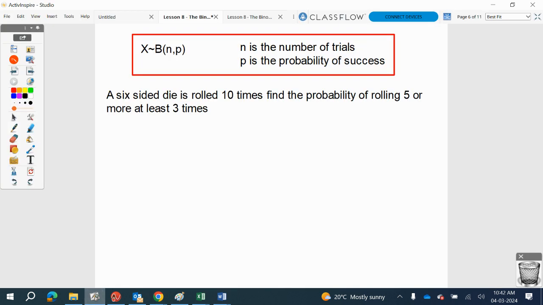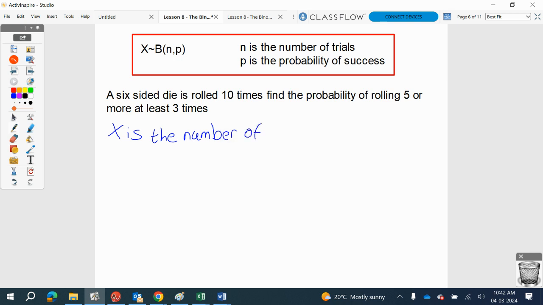Let's have a look at this. With this question, too many of you started with your calculator. You need to start by saying what x is. It will help you get your head around the question. Always start by saying what x is. X is always the number of something.